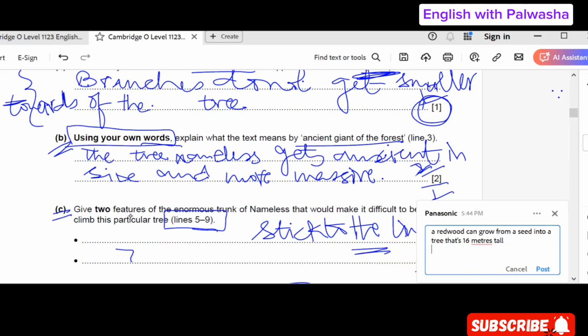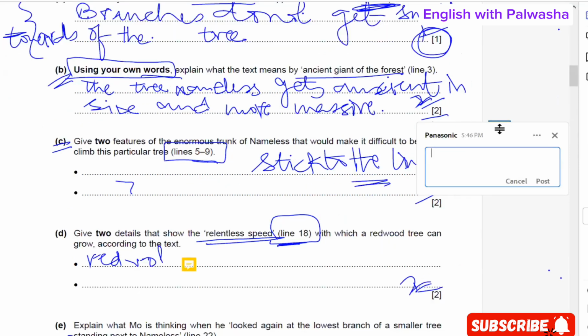So the second feature would be that it can exceed 75 centimeter in diameter. It is exactly the same wording I picked up from the insert, in fewer than 60 years, right? Okay, so these are the two features of that enormous trunk of Nameless. So this is going to be the exact answer, right? I'm sure you got it.